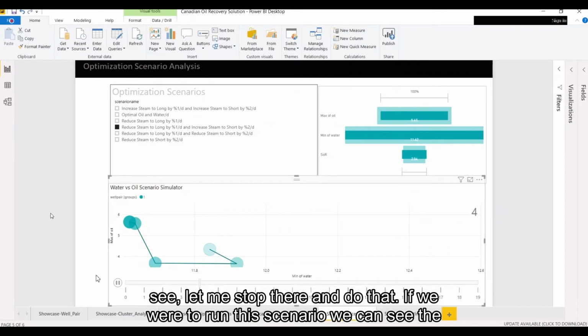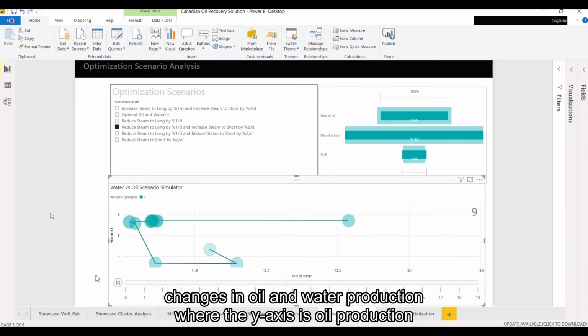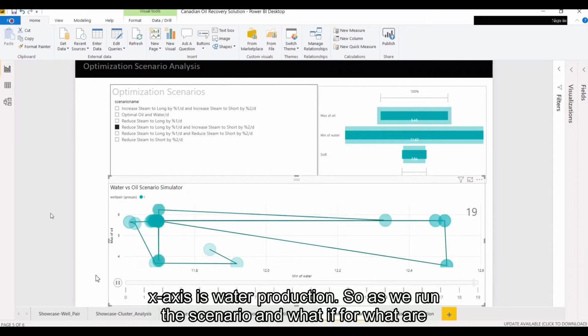Okay. If we were to run this scenario, we can see the changes in oil and water production, where the y-axis is oil production, x-axis is water production.